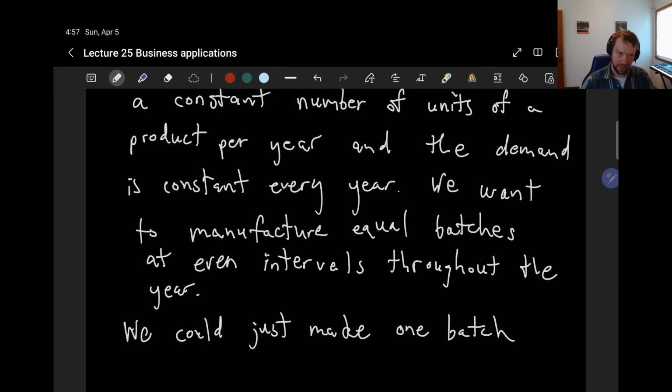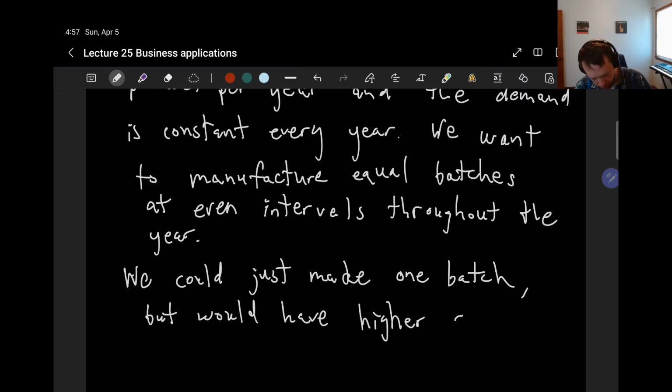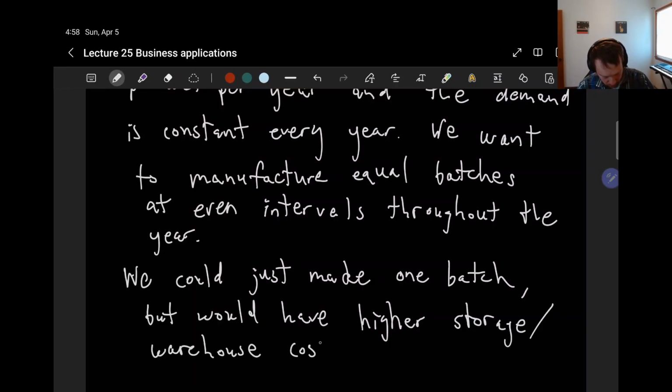So in that sense, we would have a higher cost, higher storage cost for the warehouse. So it probably would not be very economical to make everything all at once in a year.